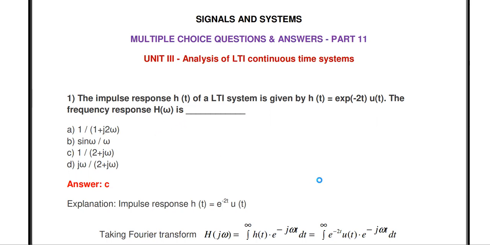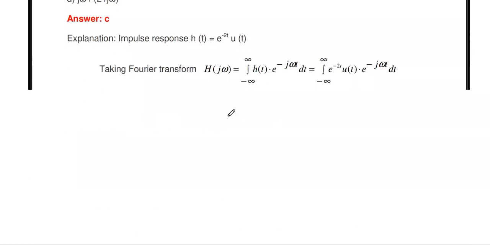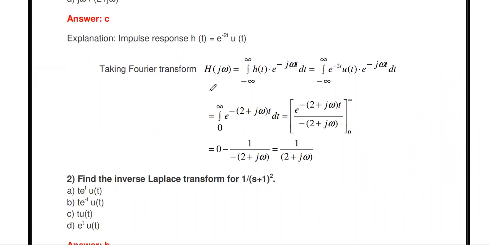The frequency response h of j omega, or simply h of omega, is nothing but the Fourier transform of the impulse response h of t.